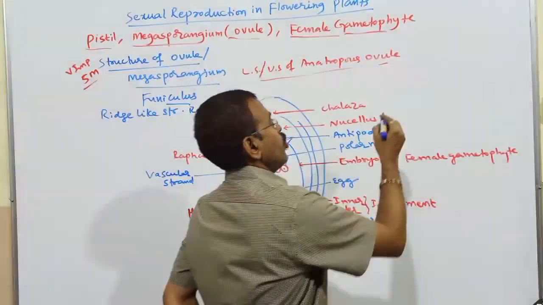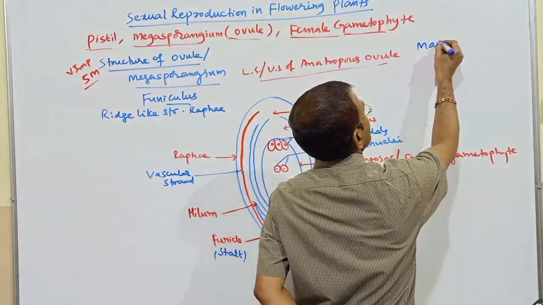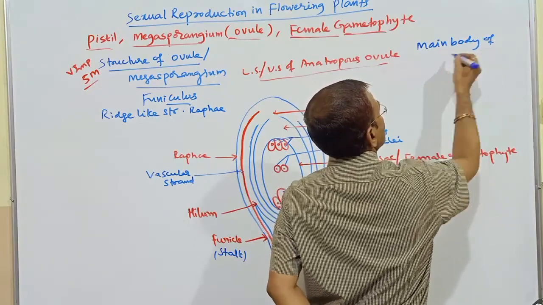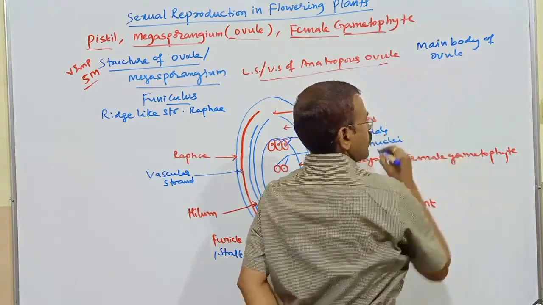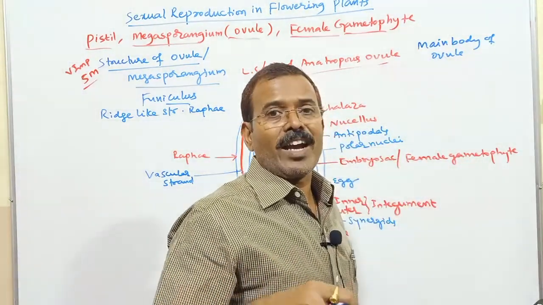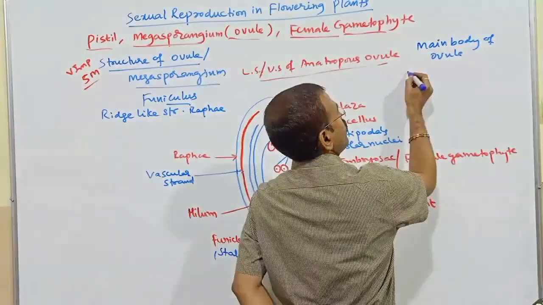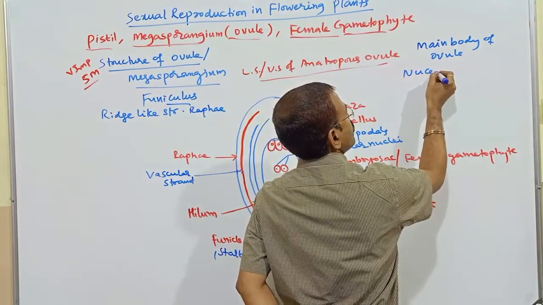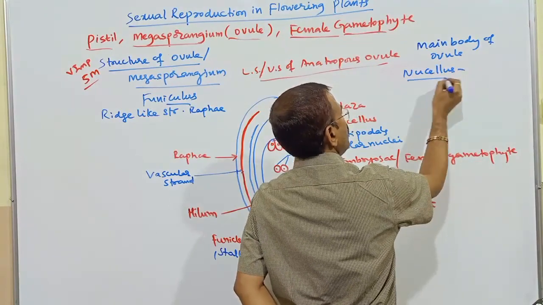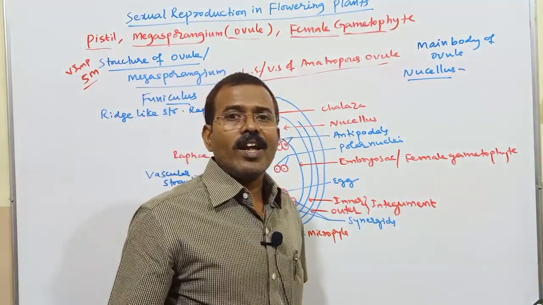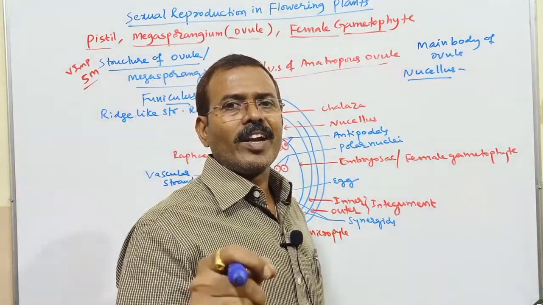Now, the main body of the ovule, in some books they have given megasporangium, that we call nucellus. Nucellus is a diploid sporophytic tissue.